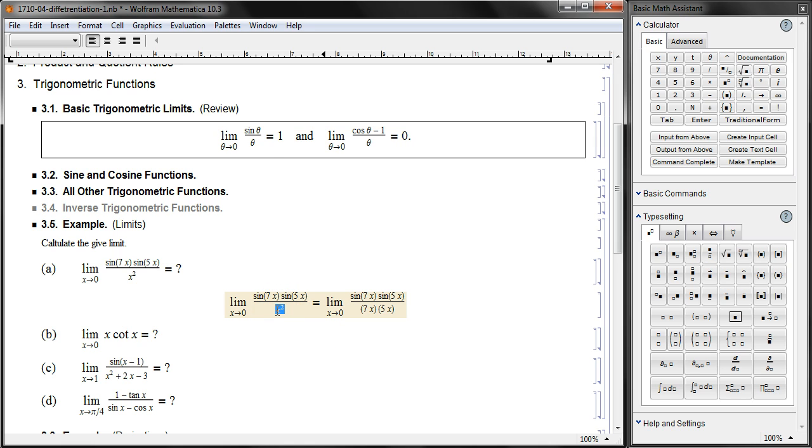Here I have x squared. This is originally where we started. Here I have 7 and 5 multiplied. So in order to make it fair, we need 35 multiplied into this numerator.